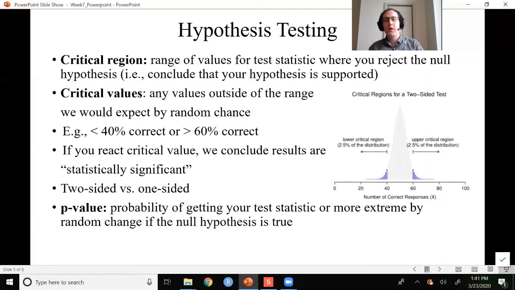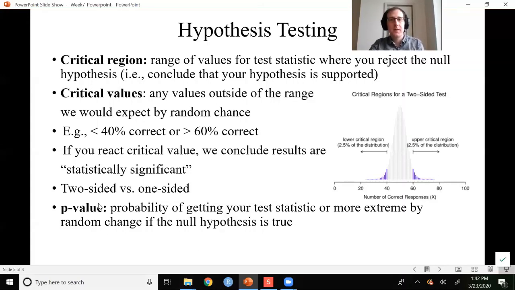So when you get this value, let's say it was over here, you might get a p-value at this point somewhere around 0.02. That means there's a 2% probability that you would get that extreme of a score or more extreme.